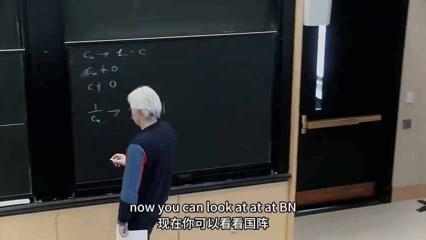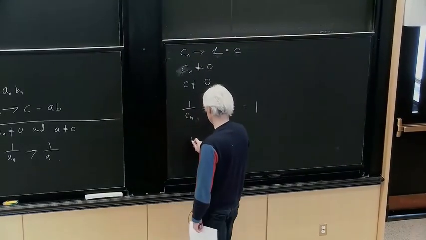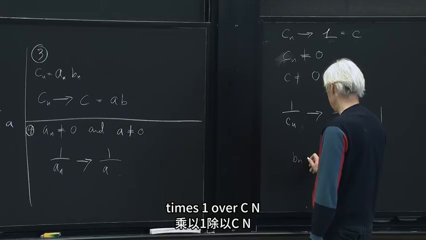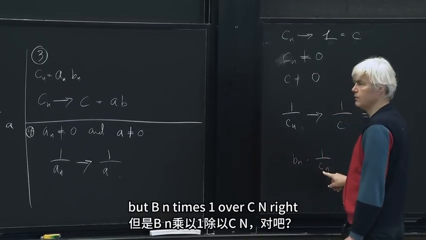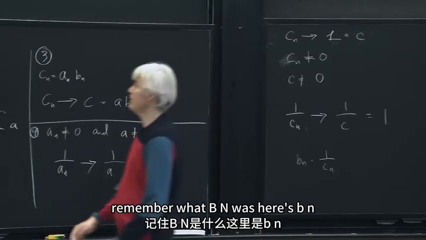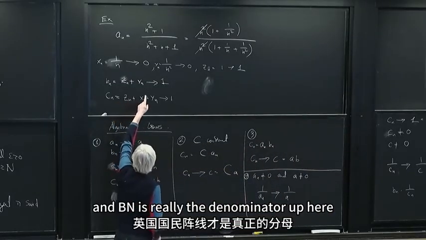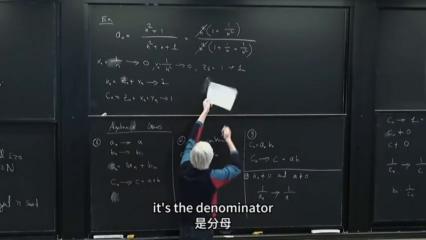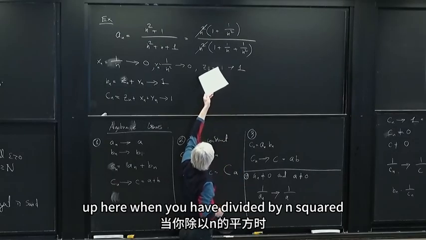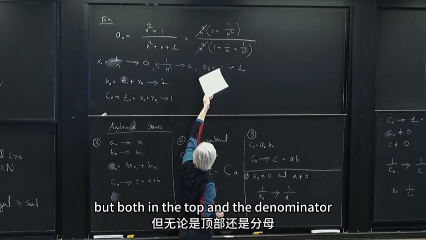Now you can look at Bn times 1 over Cn. Remember what Bn was: Bn is really the numerator up here when you have divided by n squared in both the top and the denominator.